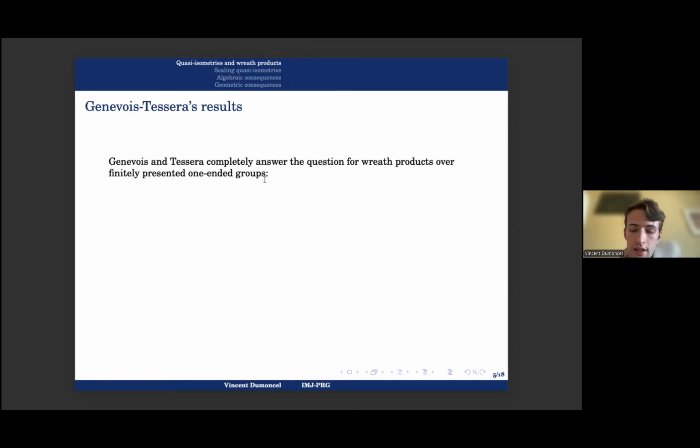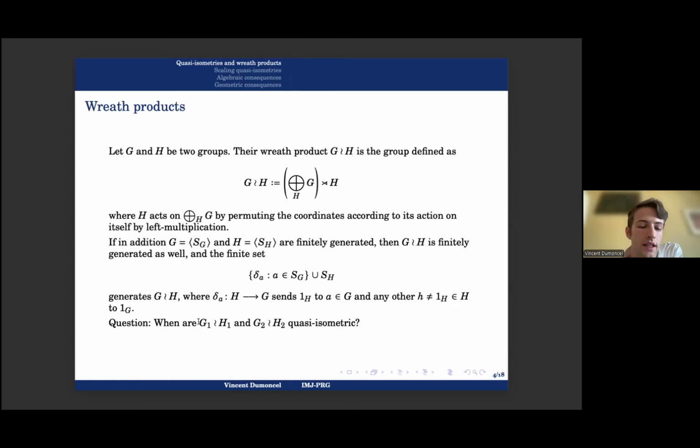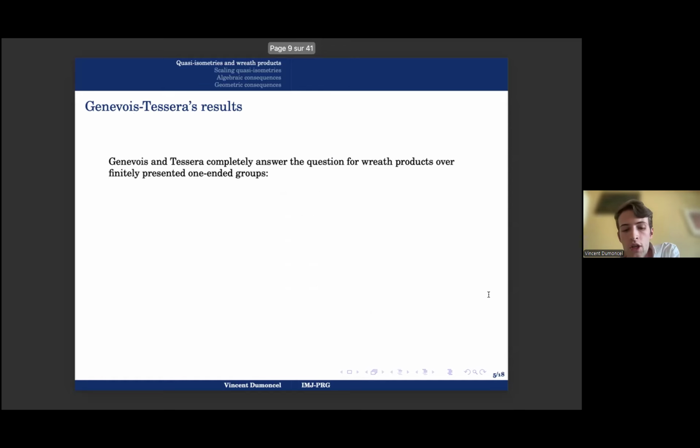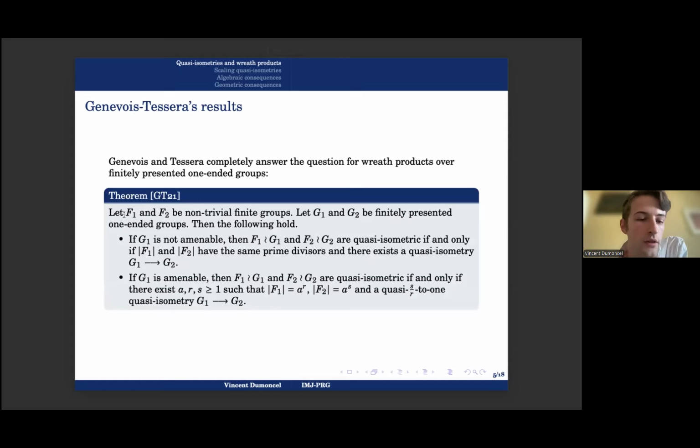The case is that first they restrict to lamplighters, meaning that they suppose that G1 and G2 are finite groups. Still it is a very interesting case, and lamplighters are also intensively studied in group theory. So they suppose G1 and G2 finite; in the statement I call them rather F1 and F2.